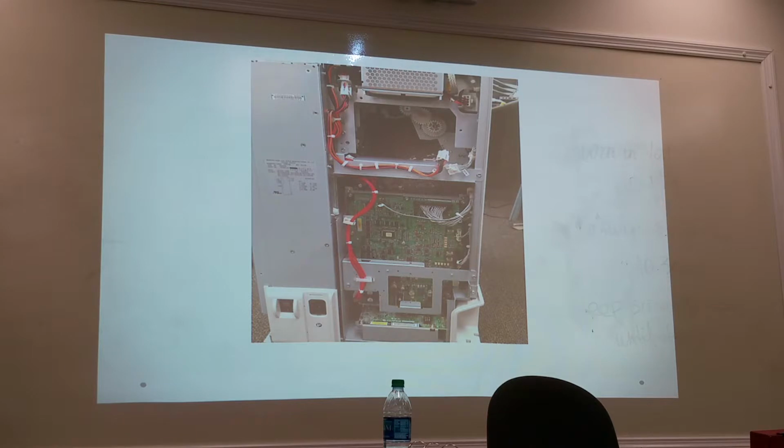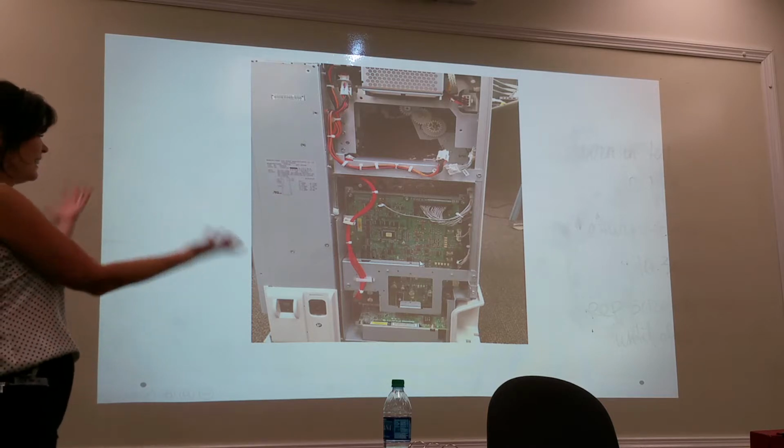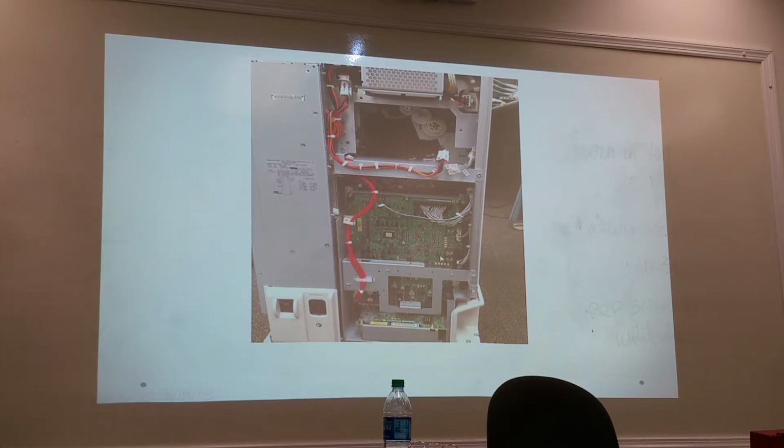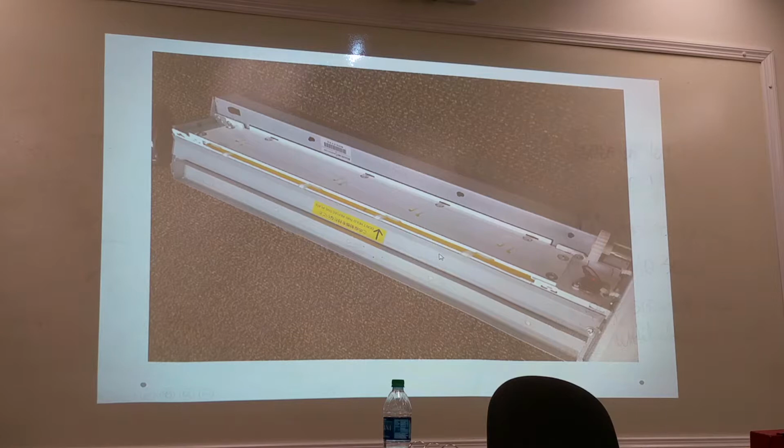They came to clean it. It needs to be cleaned every so often. And so I took pictures of it as it was opened. I don't know why I felt compelled to do that. Here's one of the lights, I think. This is a light bar.